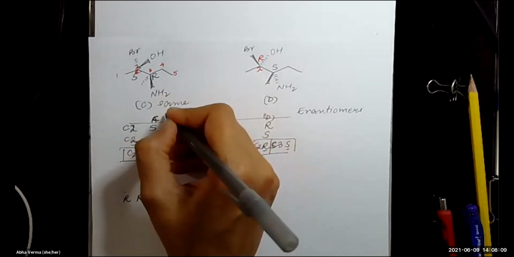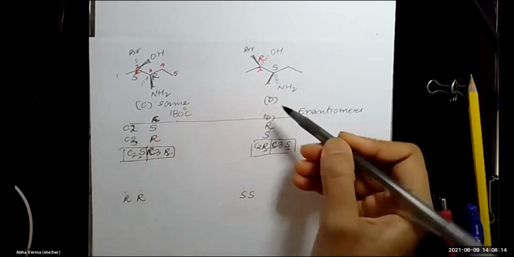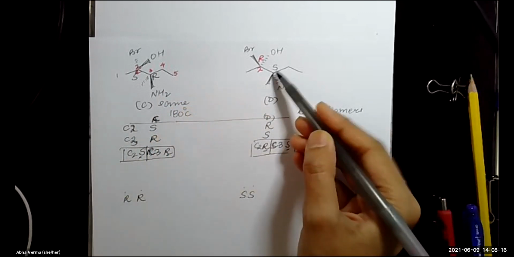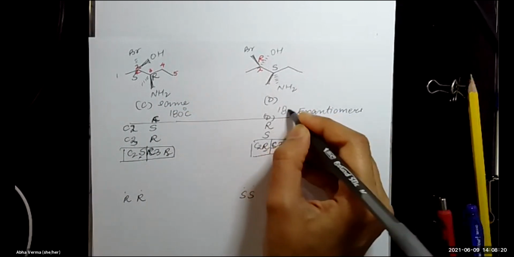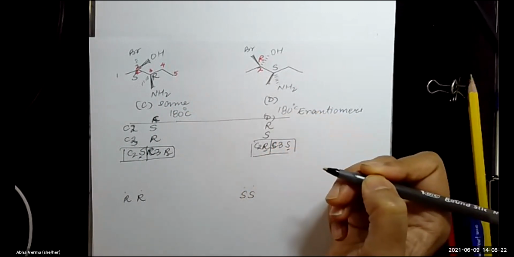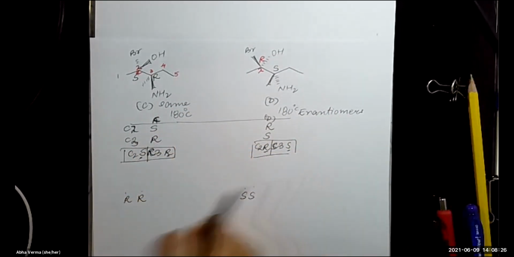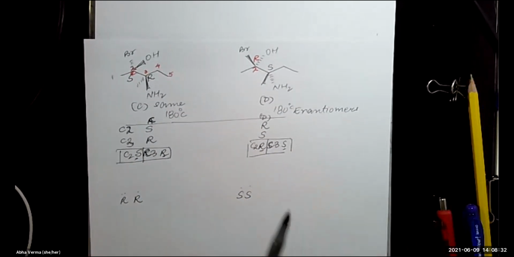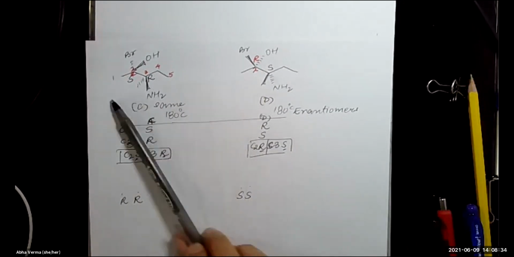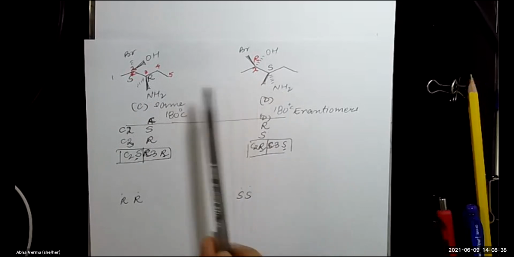If the melting point of this compound is 180 degrees, this compound has the same chemical connectivities, and hence this compound will also have the same melting point, same boiling point, same density, same physical properties, same chemical properties also. And hence it is very difficult to differentiate or separate our enantiomers.